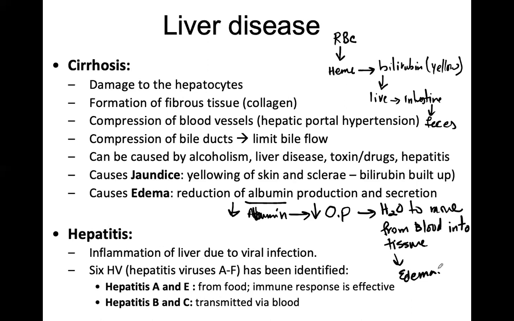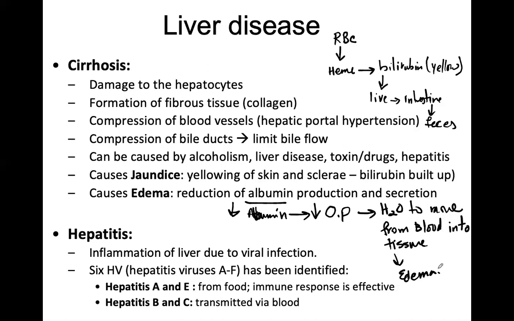Hepatitis is the result of a viral infection caused by various strains of the hepatitis virus. There are typically six strains, A through F. The ones you may have heard of are A and E, which result from contaminated food. It's highly contagious, however, it's also treatable.